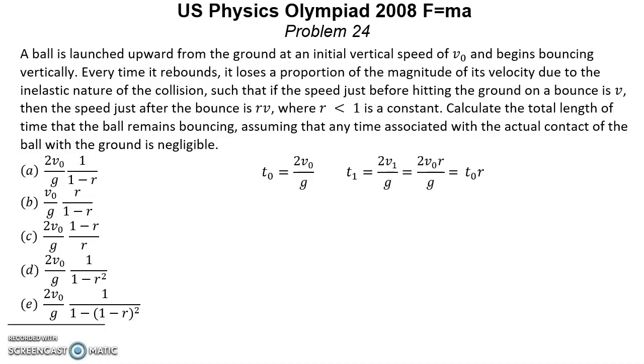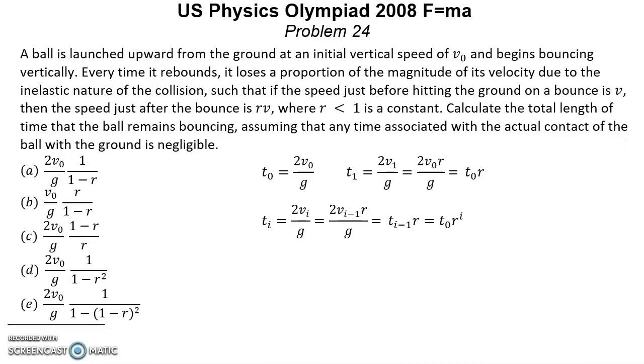We see that this t1 is r times less than t0. And the same thing happens after every rebound. So for each time ti, for rebound number i, we have ti equal to t0 multiplied by r to the power i.